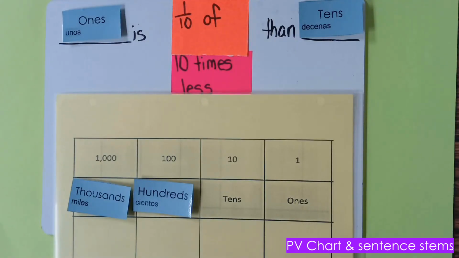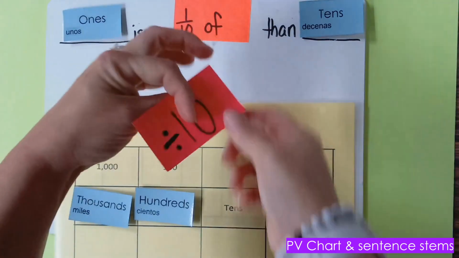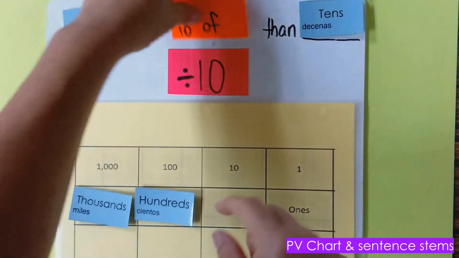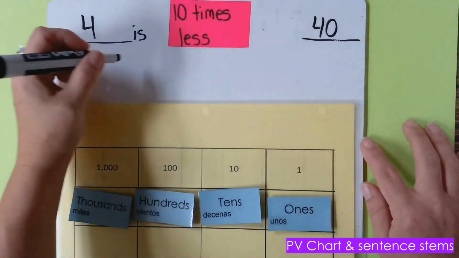Here we're also reconnecting that 1/10 of is the same thing as 10 times less, reinforcing the math that is happening brings back the justification.